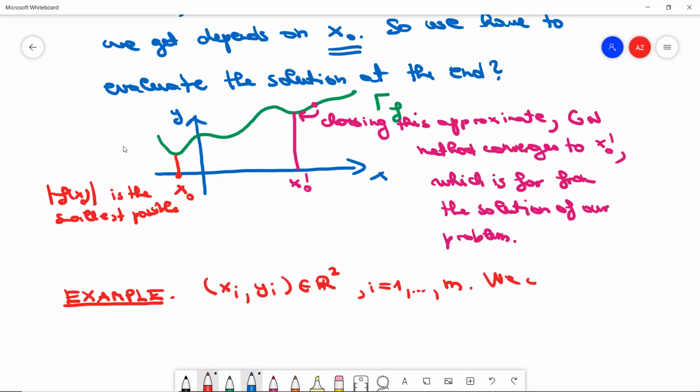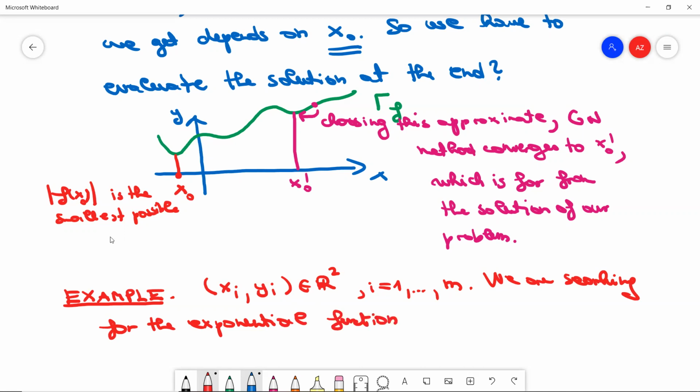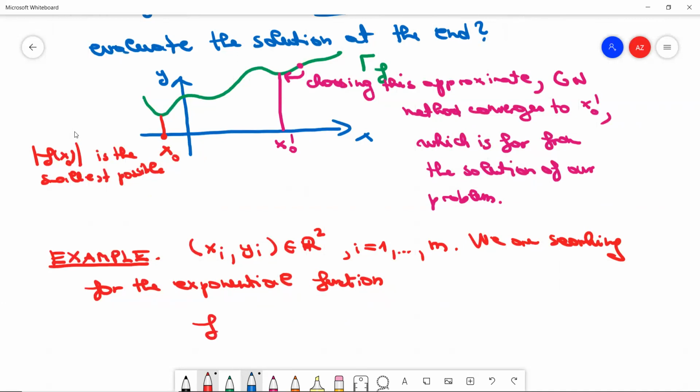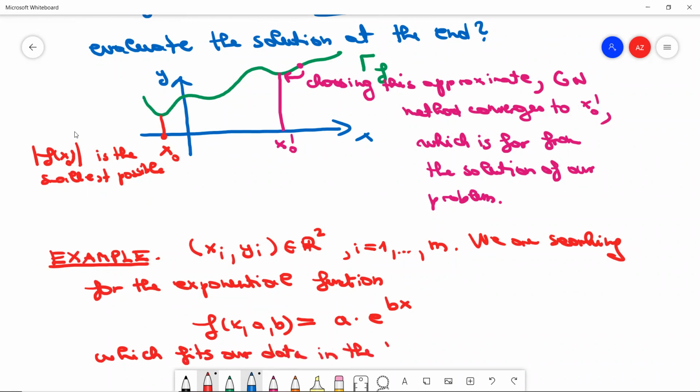So we are searching for the exponential function of the form f of x, a, b is equal to a times e to the power of bx, which fits our data in the best possible way.